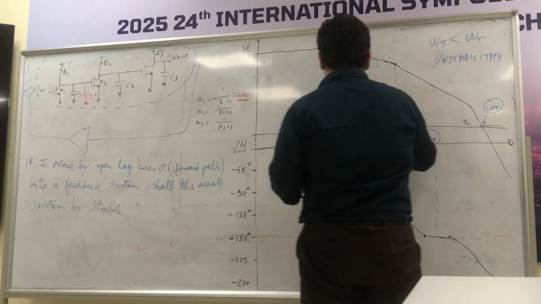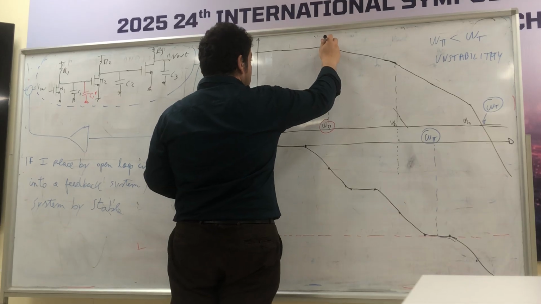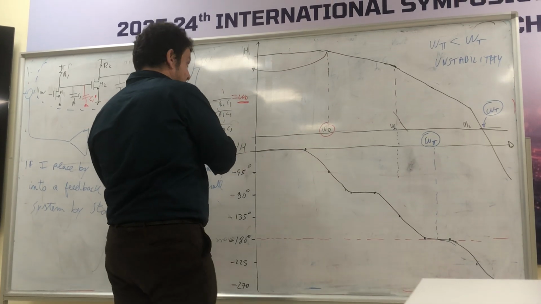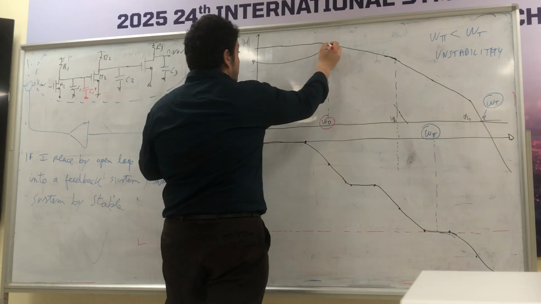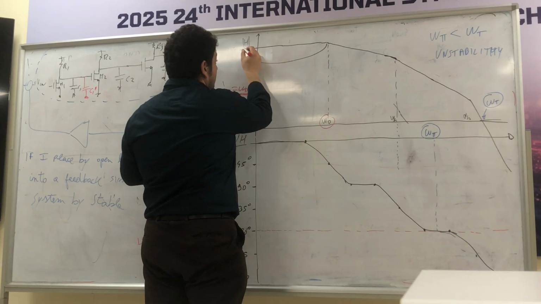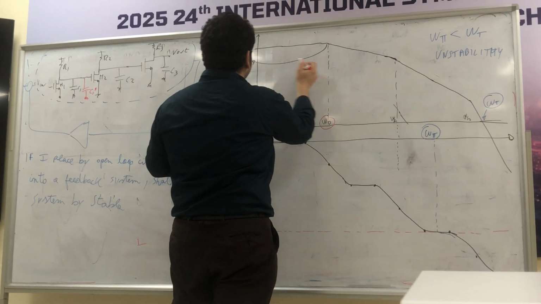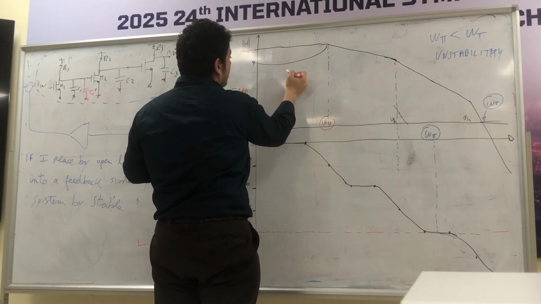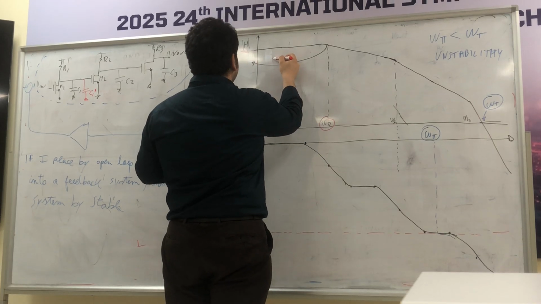So actually what I do is moving this pole to a much lower frequency. So what happens if I move to a much lower frequency? If I have the pole here, what would I have? I would have something like that. Try to do the drawing at my best.